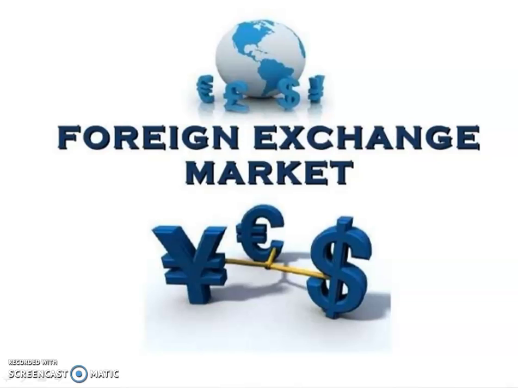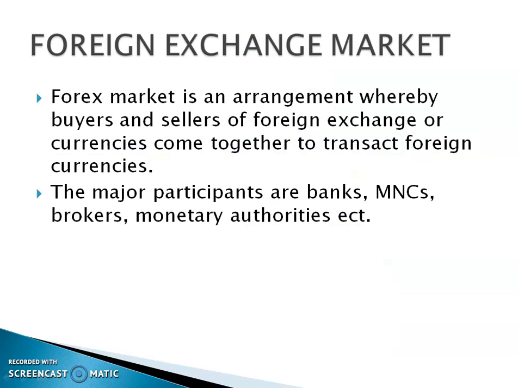It is a place at which buyers and sellers come together to exchange their goods and services. So, the foreign exchange market is an arrangement whereby buyers and sellers of foreign exchange or currencies come together to transact foreign currencies. Here foreign currency is treated as a commodity or good.